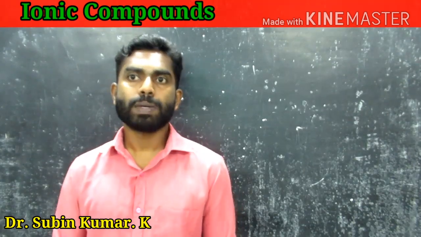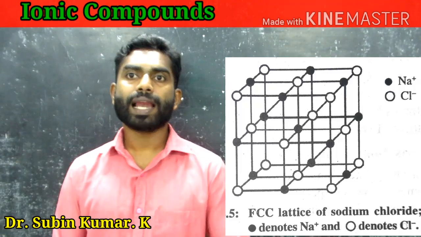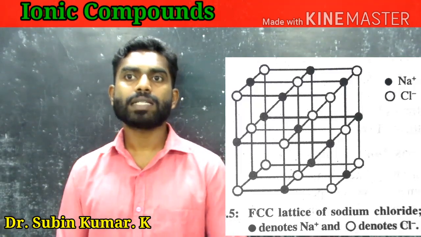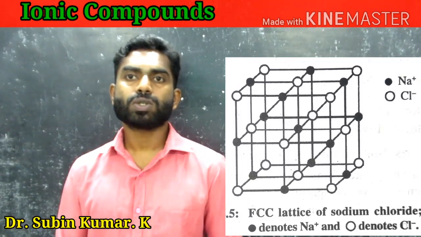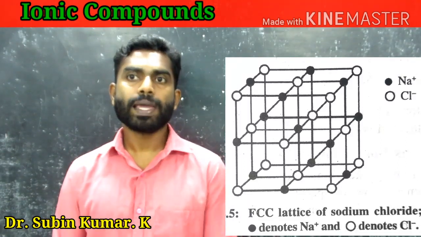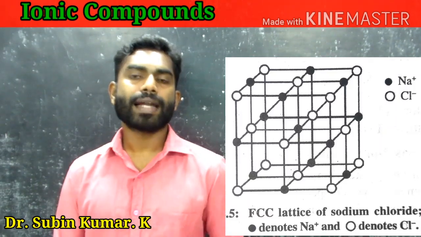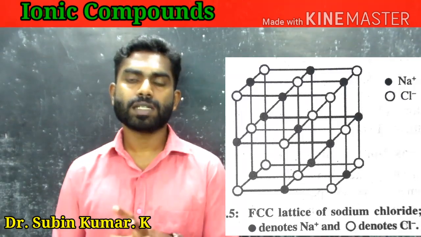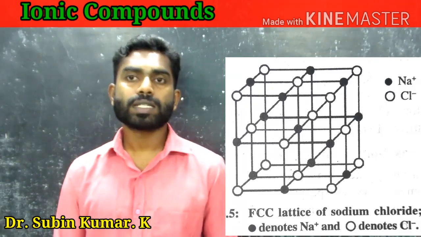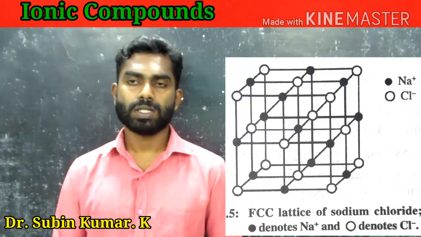The ionic crystal lattice of sodium chloride has been shown to contain interpenetrating face-centered cubic lattices of Na+ ions and Cl- ions. The NaCl crystal has a face-centered cubic type structure.